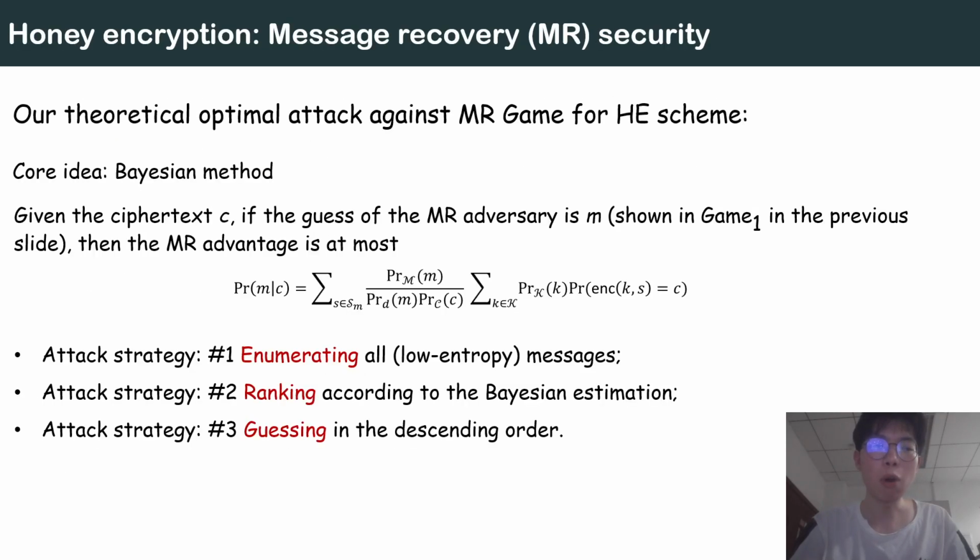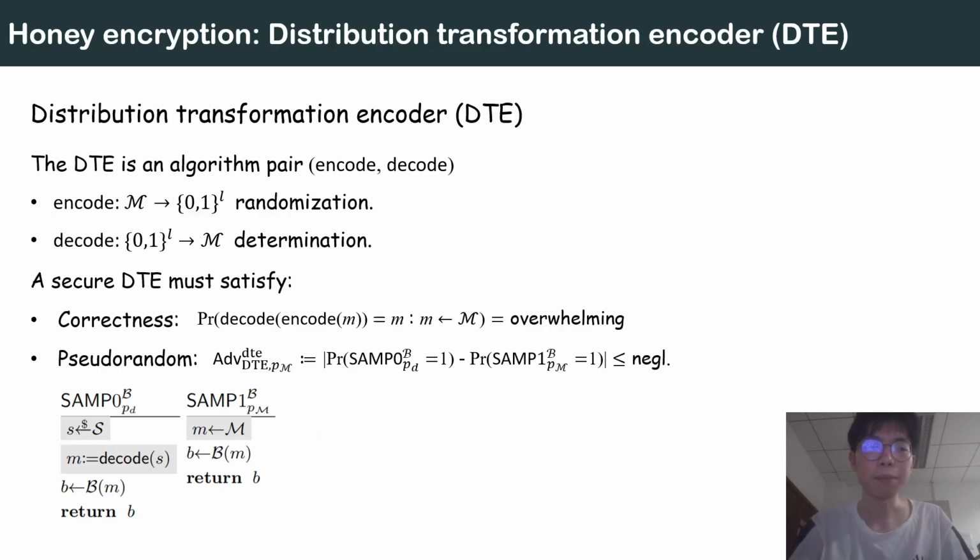Refer to theorems 1 and 2 in this work. Our attack strategy is to enumerate all low-entropy messages, rank the messages based on the Bayesian estimation, and guess in descending order of posterior probability. This is a very useful attack strategy that can help distinguish honey vault attackers.